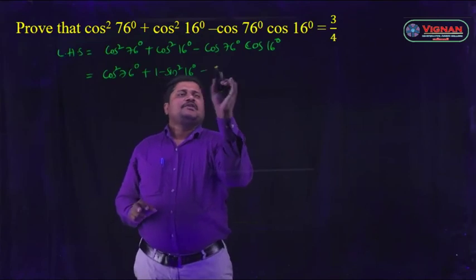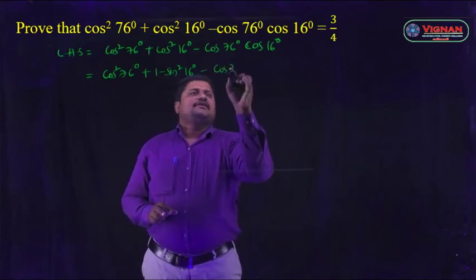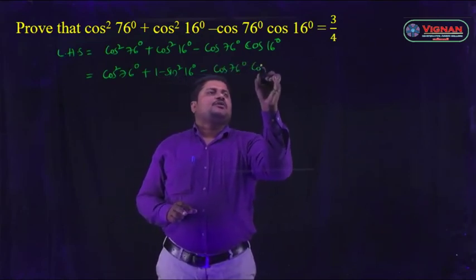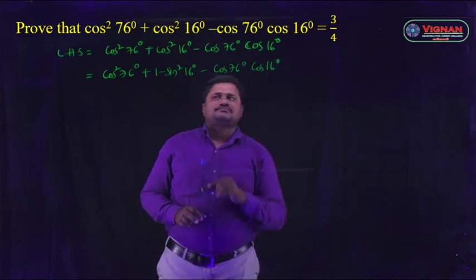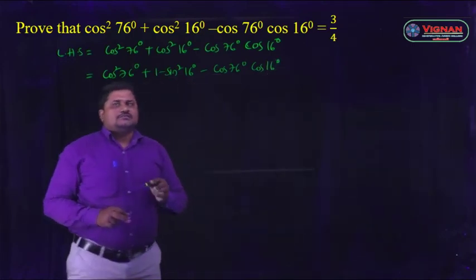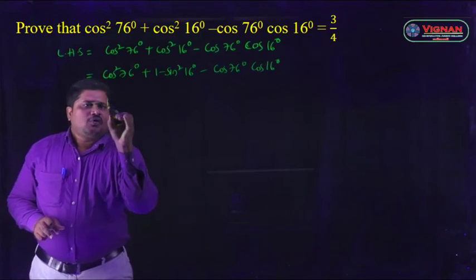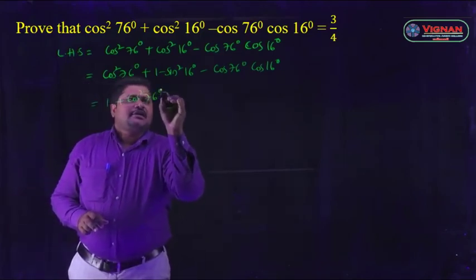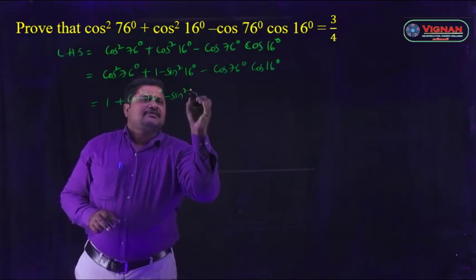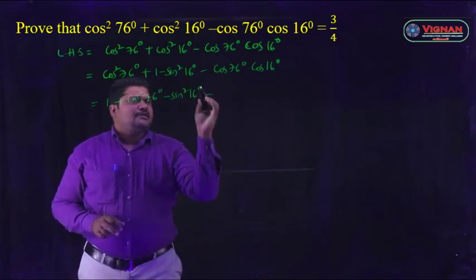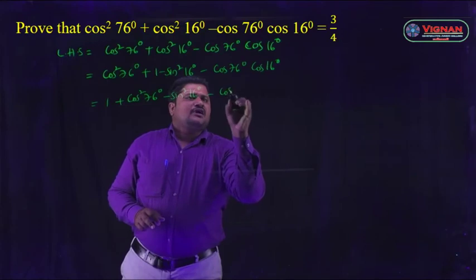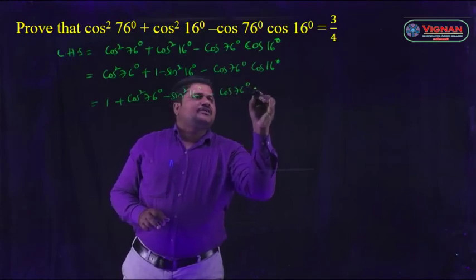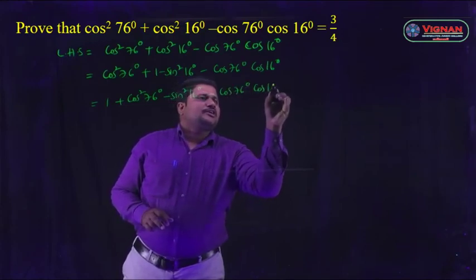Then next, cos 76 degrees into cos 16 degrees. Next step is 1 plus cos square 76 degrees minus sin square 16 degrees minus cos of 76 degrees into cos 16 degrees.